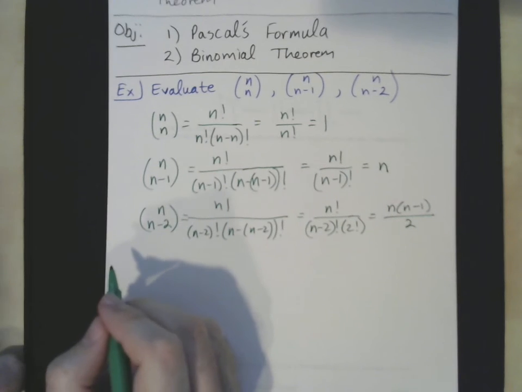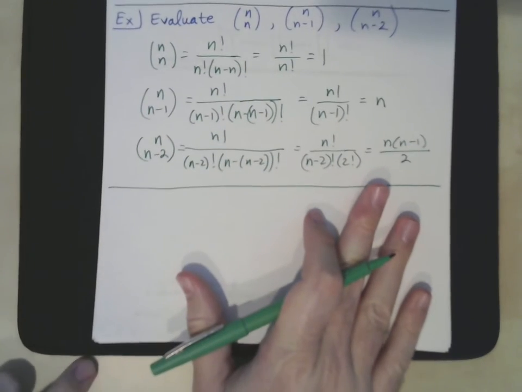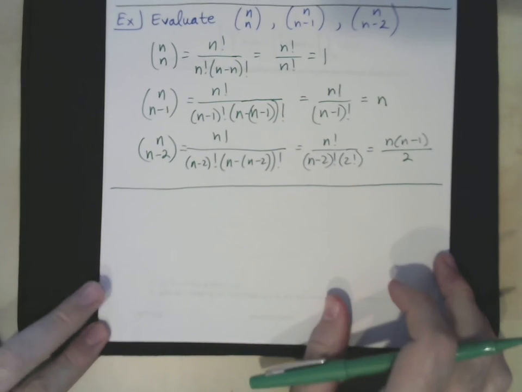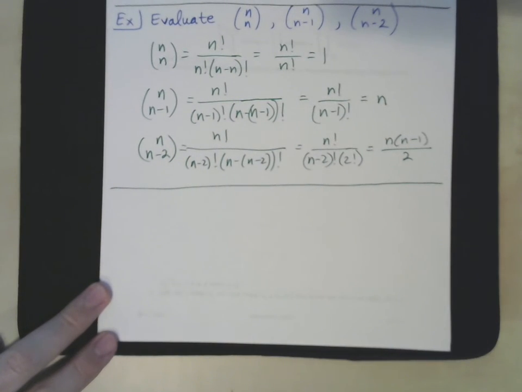So you may see a pattern developing that we've seen already. This was our formula for summing, the sum of the first n minus 1 integers.